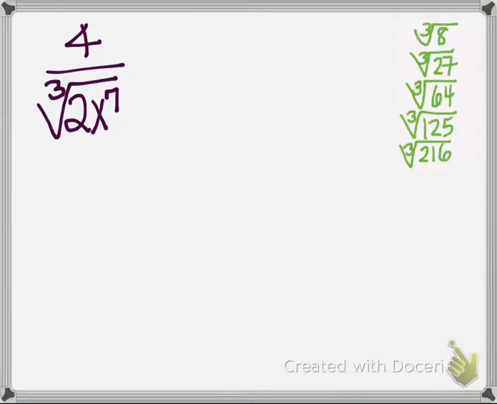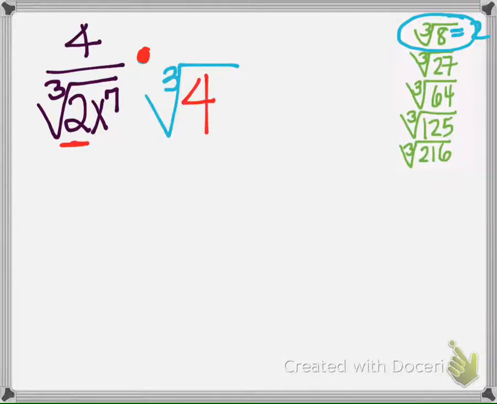Alright, this problem we have a cube root. So I need to multiply this denominator by something that we can take the cube root. We need to think of a number we can take the cube root of. So I know that I could find the cube root of 8, which is 2. So I need to think of what do I need to multiply 2 by to get 8?